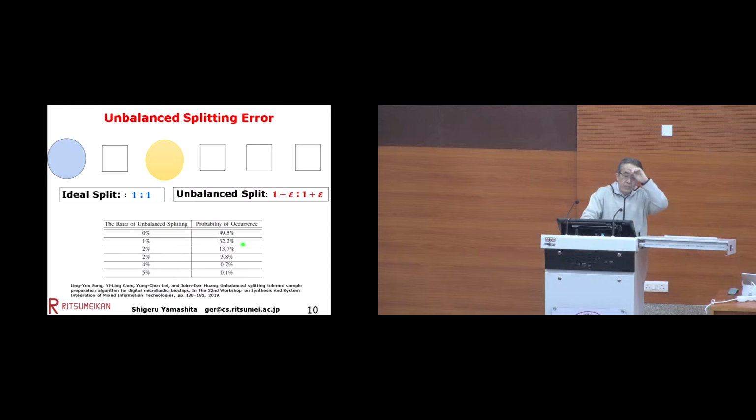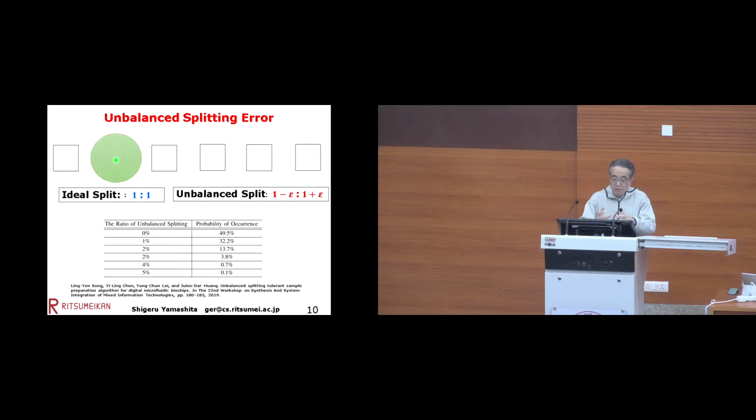So what's the problem in this area? Here, as I mentioned, we can move droplets. If we have a high voltage here, two droplets come here, and then we can mix.